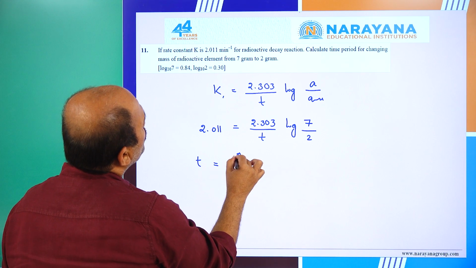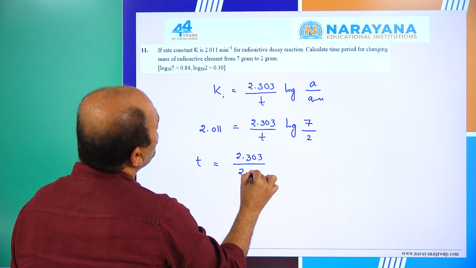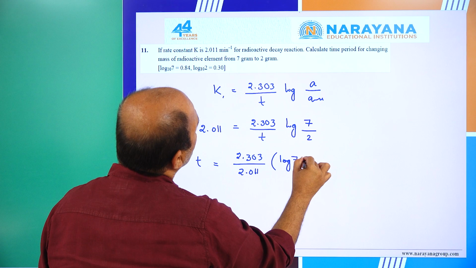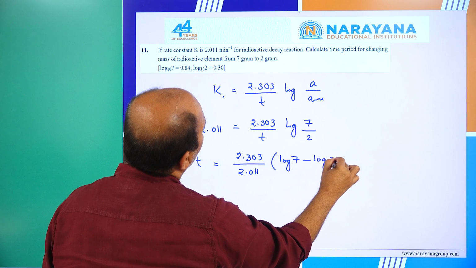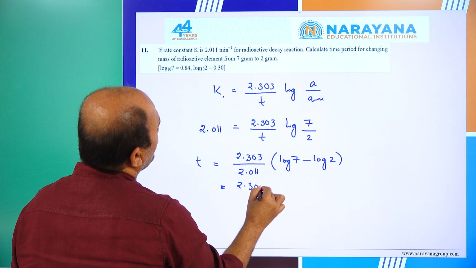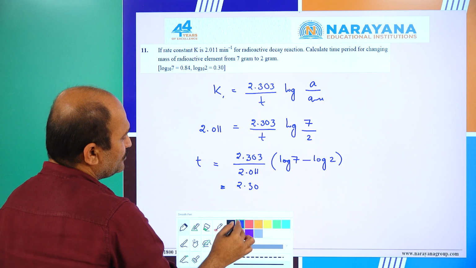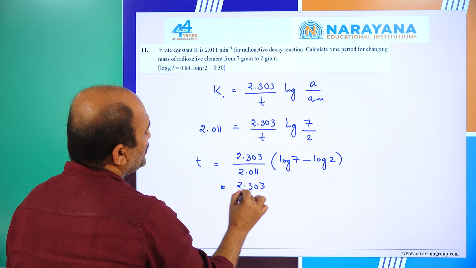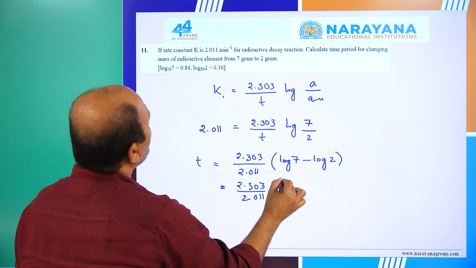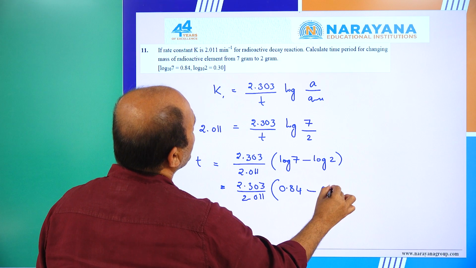T is equal to 2.303 by 2.011 into log 7 minus log 2. This is the way of approach. So 2.303 by 2.011, log 7 value they gave as 0.84 minus 0.3.